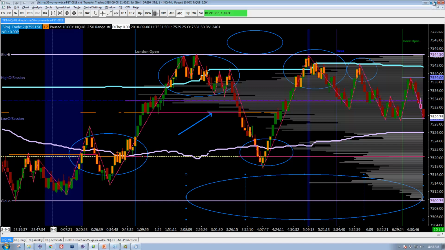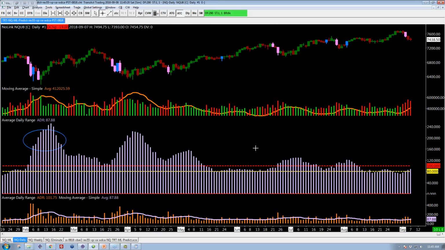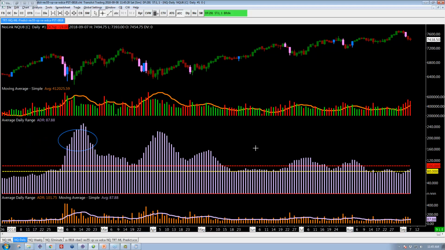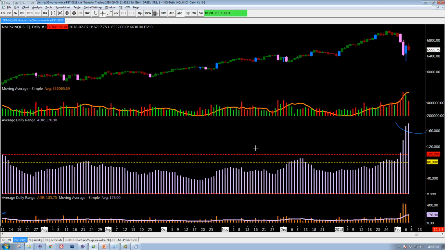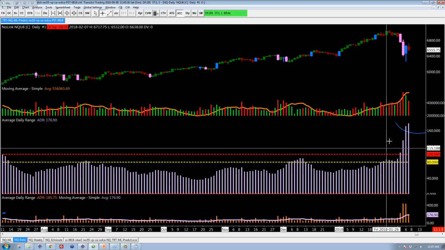But I did make some choices when I was doing that. And one of the choices I made was this: when you look at the daily chart and you look at the volatility in the current market, you can see, if I go backwards in time, this is the beginning of February over here on the right.